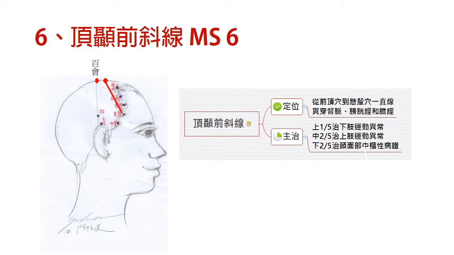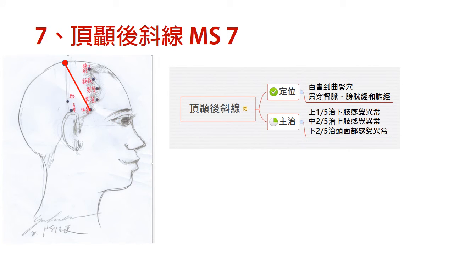And the middle 2/5 of this area is for paralysis of the contralateral upper limbs. And the last one, the lower 2/5 of this area is for contralateral central facial paralysis, motor aphasia or salivation and dysphonia.